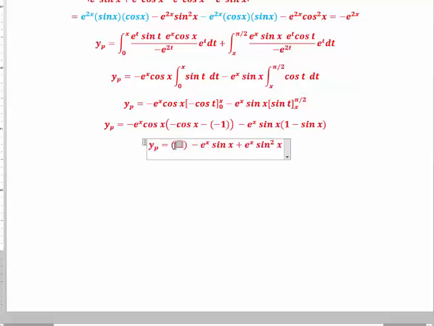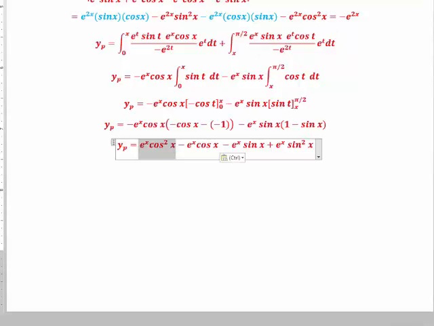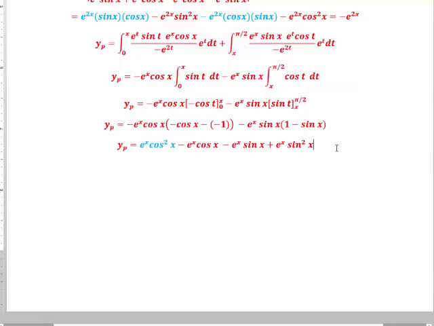So we can actually take this out of the parentheses if we want. Let's do that. There you go. All right. So we have an e to the x cosine squared x, and then another e to the x sine squared x.